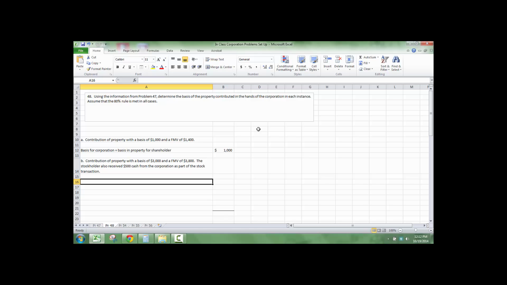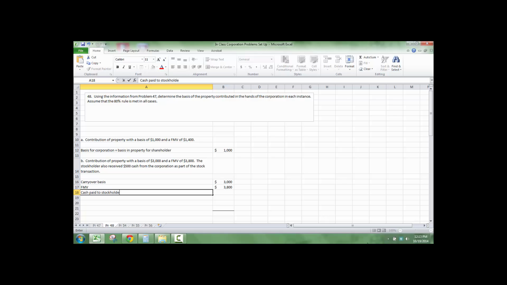So for the corporation, for the contribution of property with the basis of 3,000, fair market of 3,800, the shareholder also received cash from the corporation. So to calculate this for the corporation, we have the carryover basis, which was 3,000. We have the fair market value, which is 3,800, and then we have cash paid to stockholder, $500.